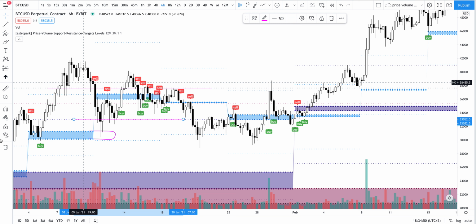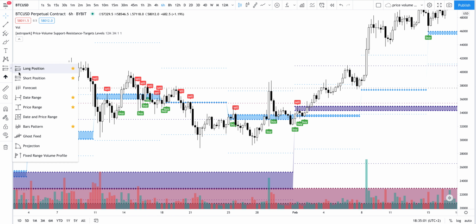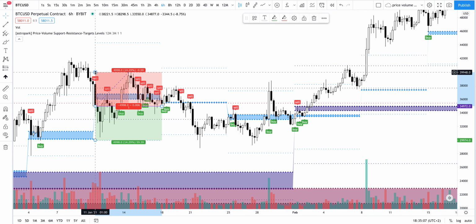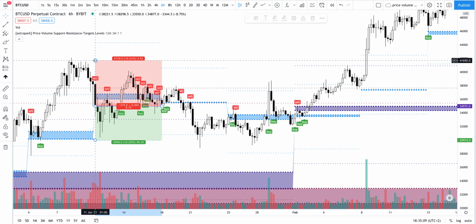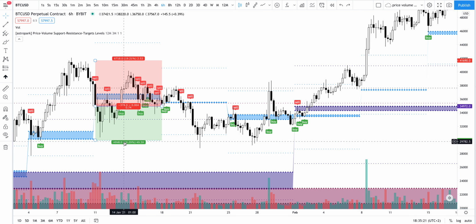I keep with my initial trade. So let's suppose I shorted here. Okay. Stop loss above recent high. And basically, sorry, this was the target.